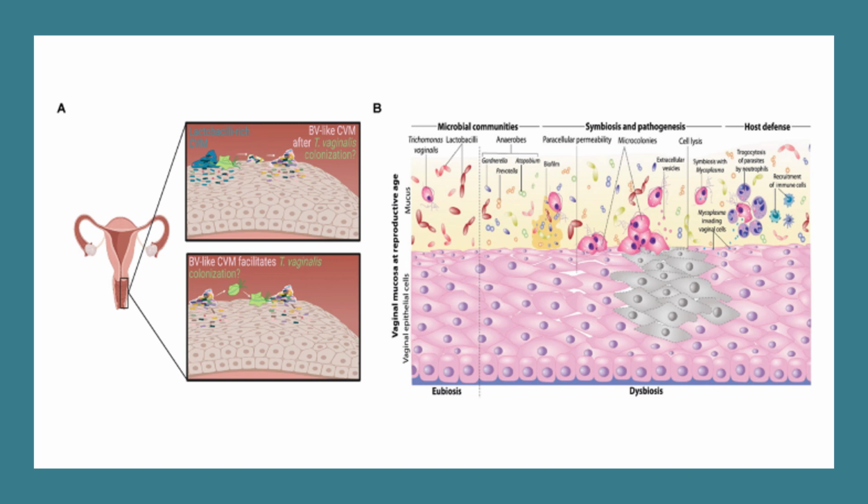So you can see in the second picture how the parasite will inhibit the growth of lactobacilli, and then the bacteria inhibits T. vaginalis adhesion to the epithelium, which causes a dysbiotic microbiota, which promotes T. vaginalis adhesion to the pathogenic biofilm in the host cell. So it enhances the host cell and epithelial damage.